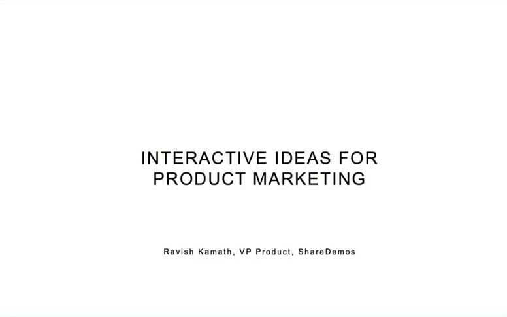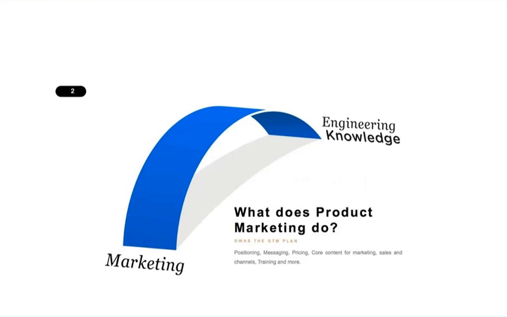So to get started with today's topic, interactive ideas for product marketing, we start off first by defining the overall organization. Any company that is a product company generally has the product or the engineering team that owns the code or literally the software, the marketing or the product management team owns the PRD, which is the requirements document.